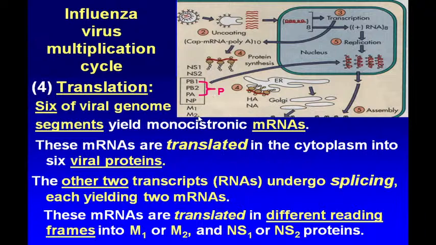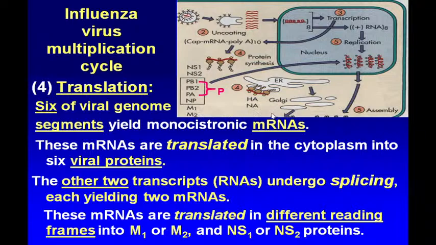And those segments that code for M1 and M2 proteins, when these proteins are produced, they will be taken to the cell membrane and line from inside the membrane that is modified. Okay, sorry. We have to start with hemagglutinin and neuraminidase. When these proteins are produced, they should be modified in the ER. So they will be glycosylated, taken by the Golgi apparatus and inserted into the cellular membrane.